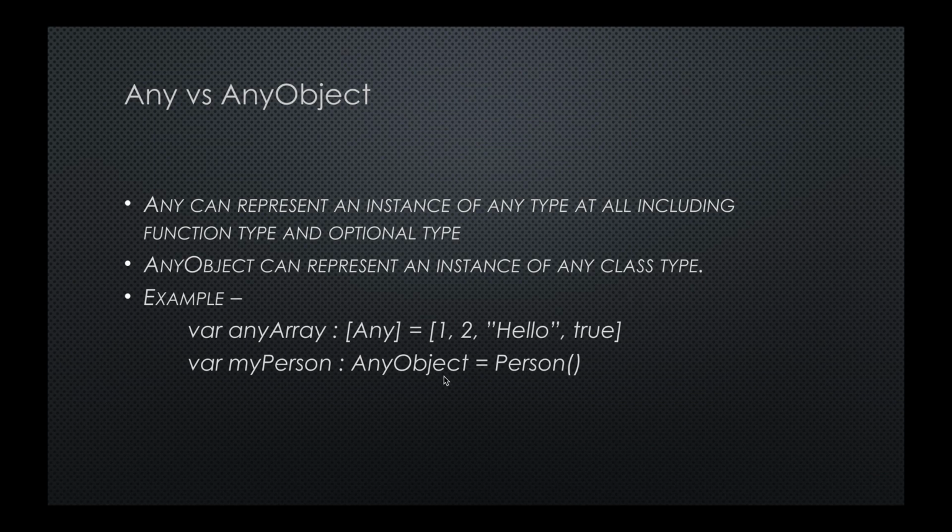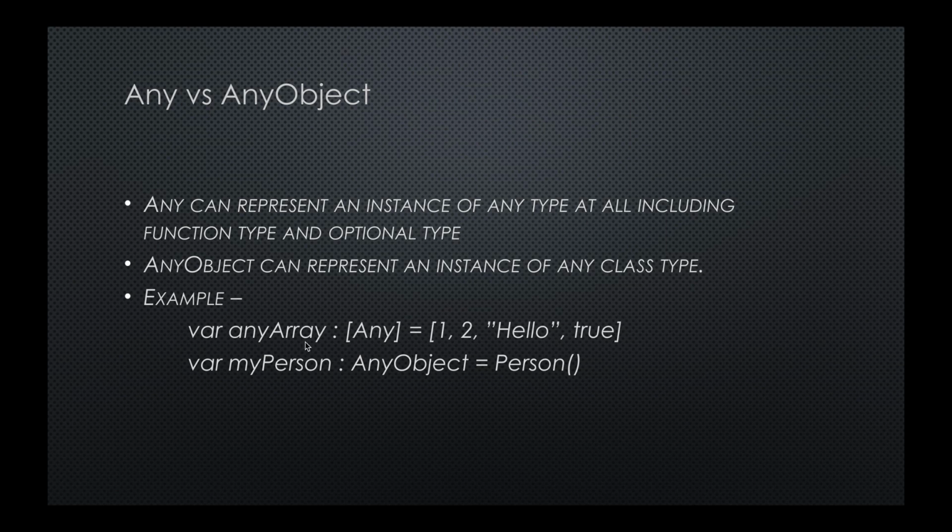So Any is nothing but a data type which can be referred for multiple data types like string, boolean, or integers. AnyObject can only be used for class type, whereas Any will be used with optional or function type on all the data types like string, integer, or boolean.